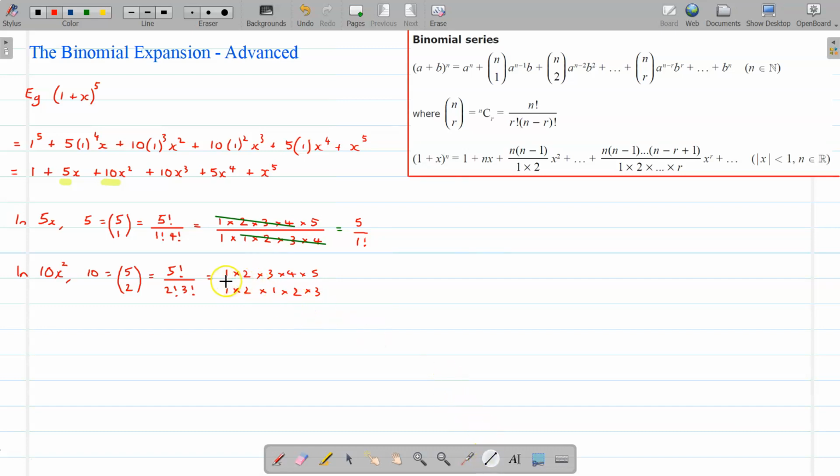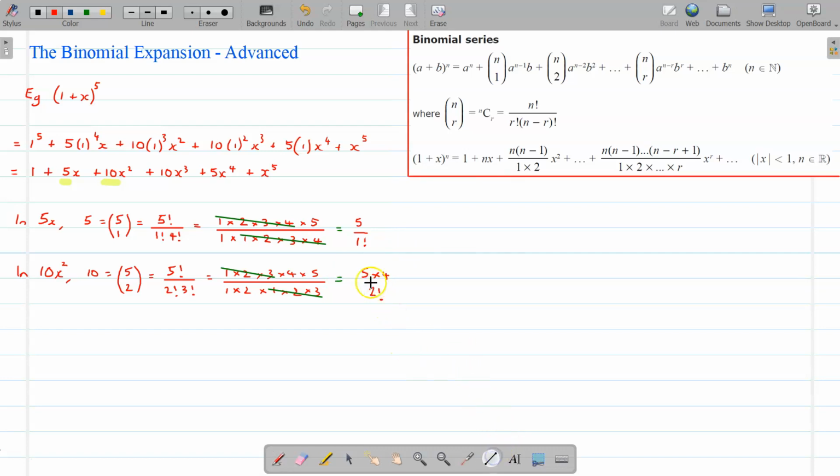Okay, now if I cancel that out in the same sort of way that I did with the previous fraction, I'm going to take the 1, 2 and 3 out of there and cancel it with the 1, 2 and 3 out of there. And that's going to leave me with, okay, 5 times 4, and I'm deliberately writing them that way round. Okay, you'll see why in a bit. And that's over 2 factorial.